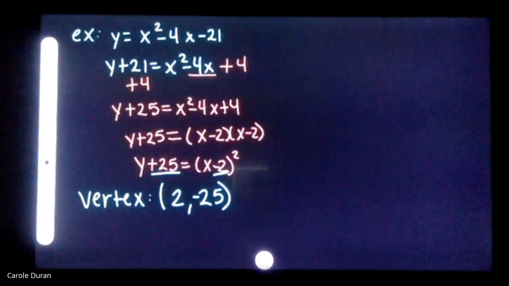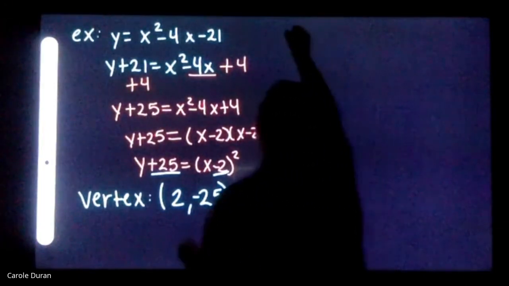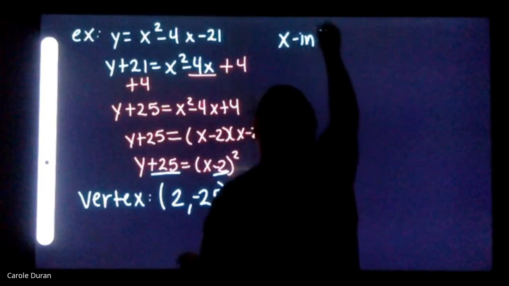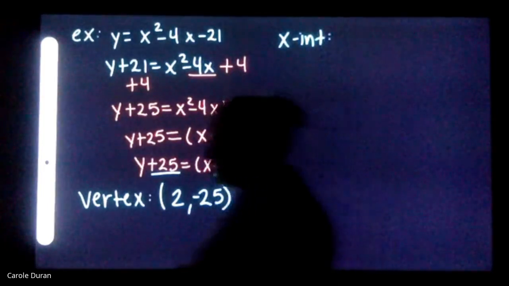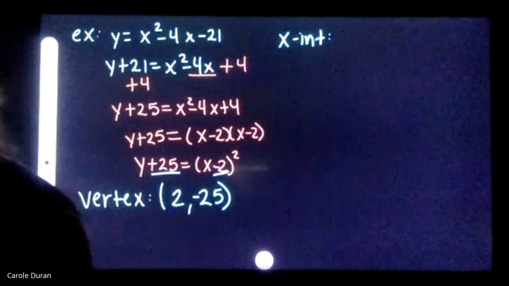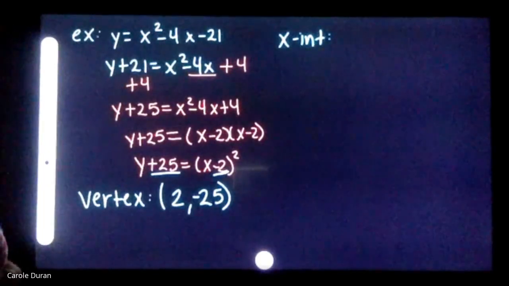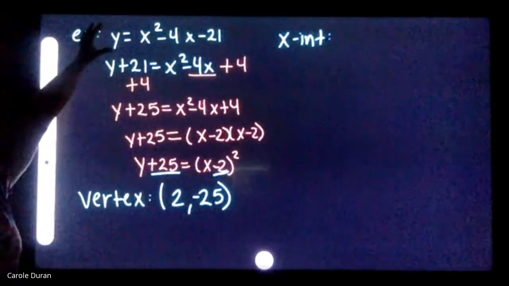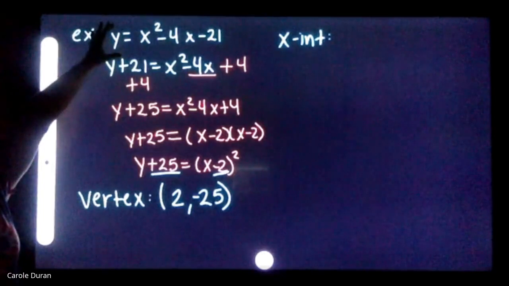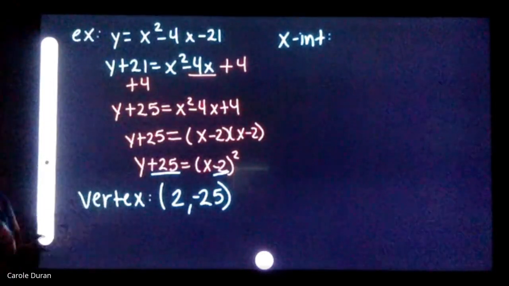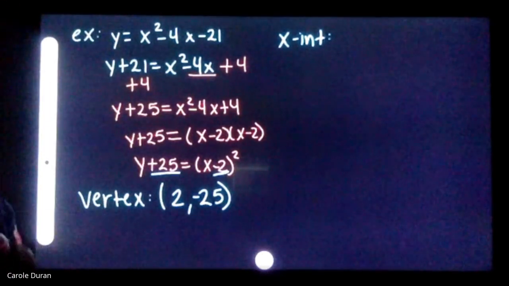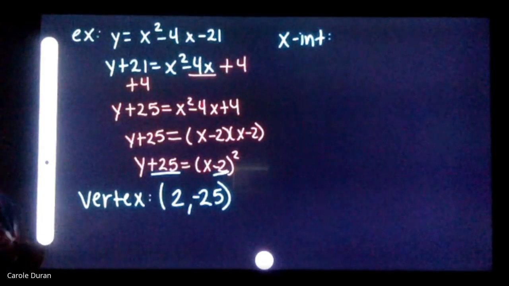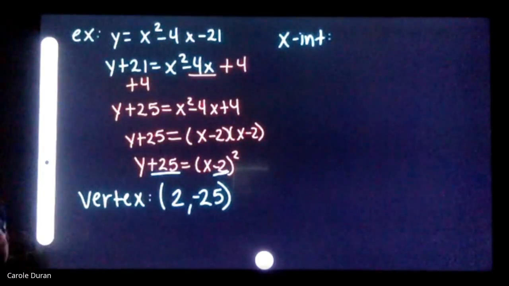Okay, so the next thing I'd like to find are the x-intercepts for this quadratic. We could, of course, come back to this original equation, and then we could factor it or do the quadratic formula or something like that. Or we could do something a little bit easier.